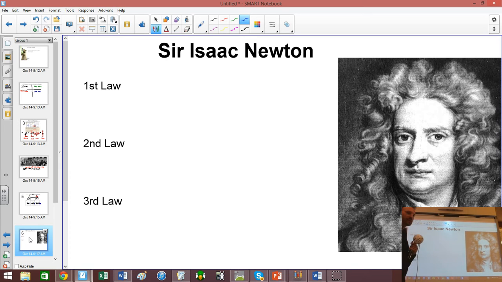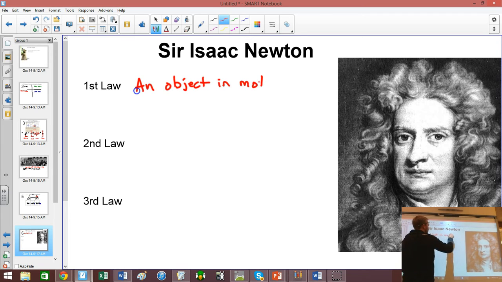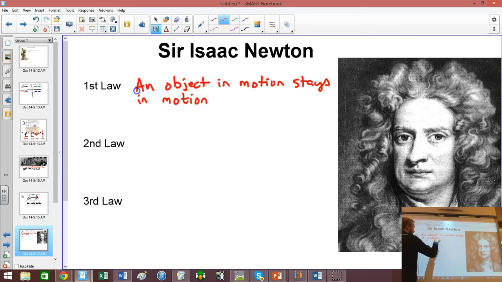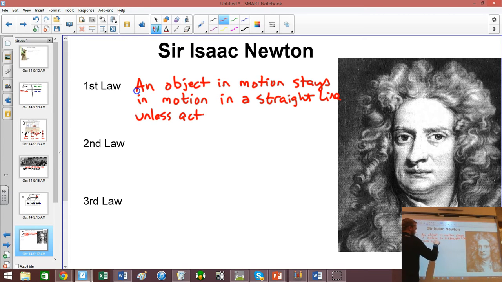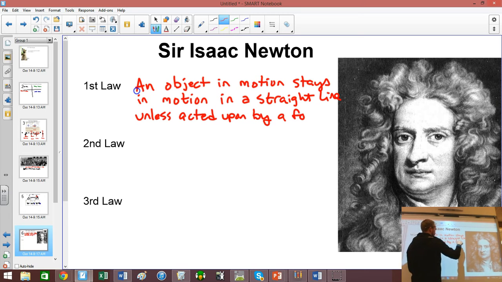And his first law is that an object in motion stays in motion in a straight line unless acted upon by a force.